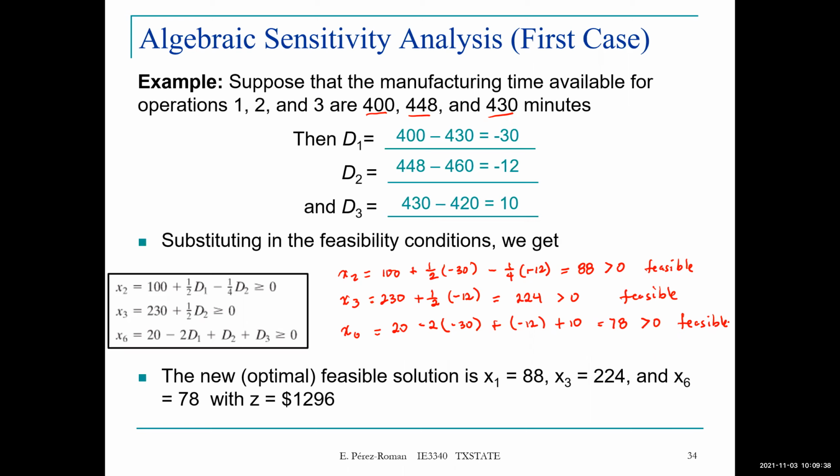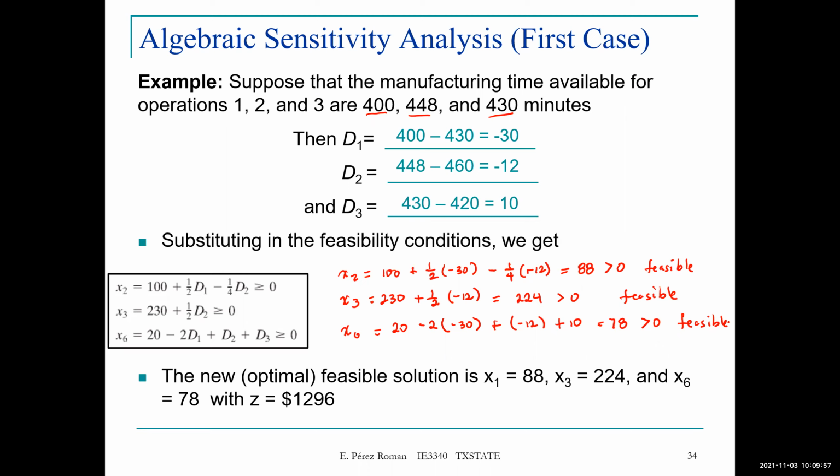If you look at the first resource, we are decreasing the capacity of the first resource by 30 units, decreasing the capacity of the second resource by 12 units, and then increasing the capacity of the third resource by 10 units.